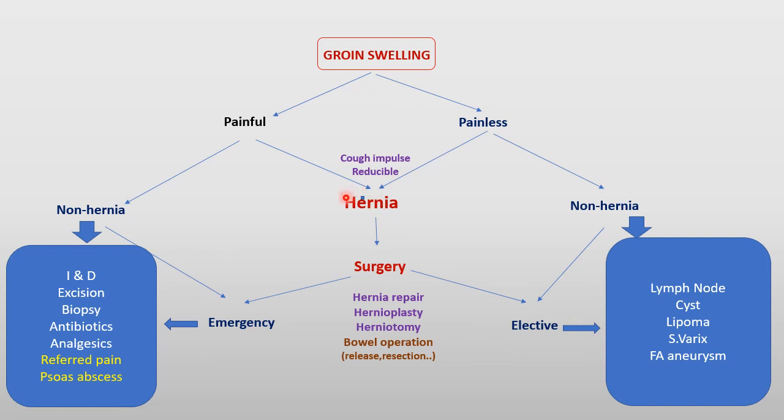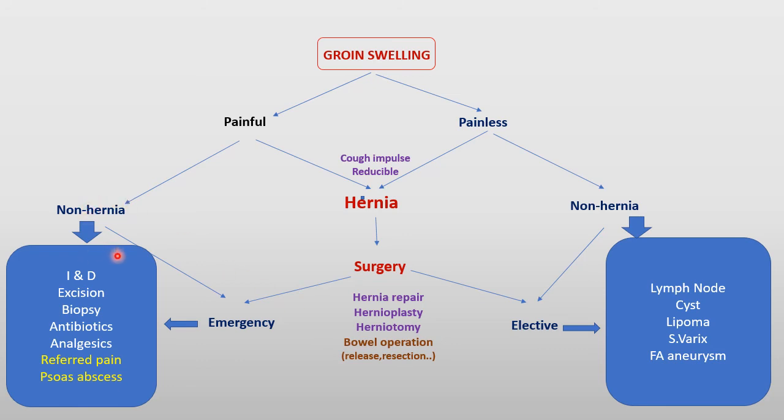Once you have diagnosed hernia, you classify them as emergency or elective. And then the various operations that can be done: hernia repair, hernioplasty, herniotomy, and operations on the bowel such as release of adhesions or resection in cases of strangulated or complicated hernias.